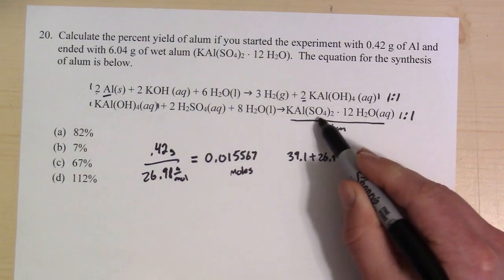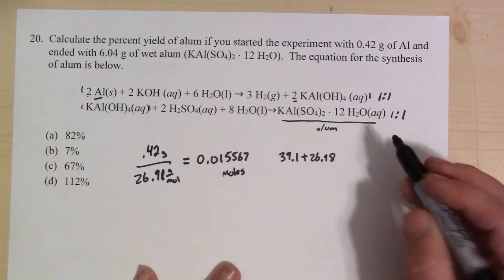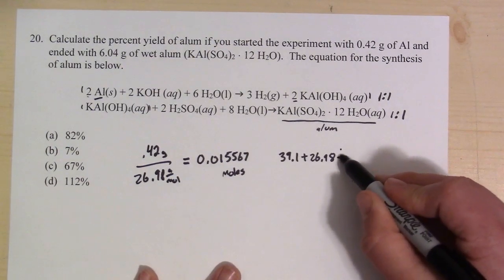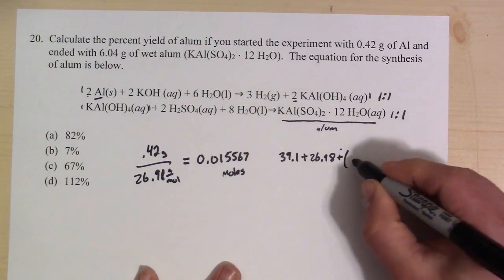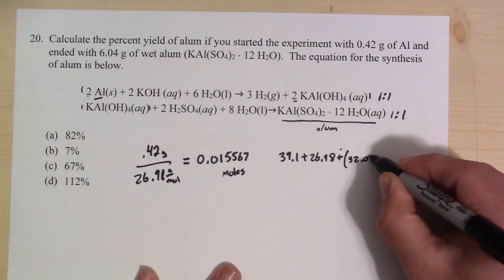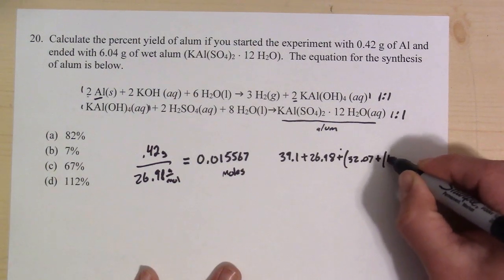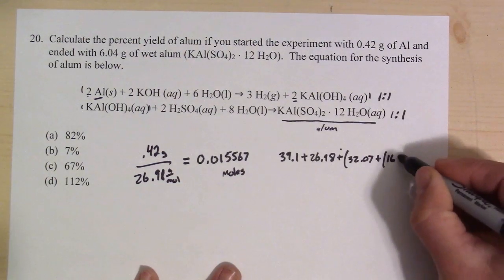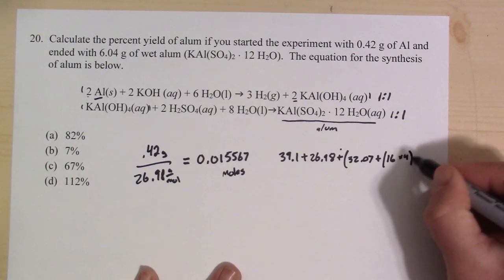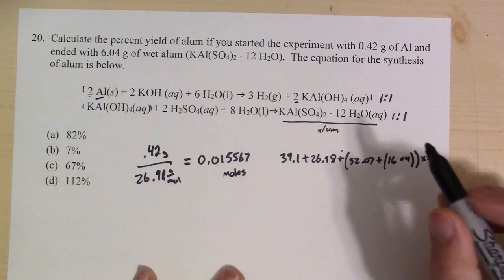Then we have SO4 2, so the whole SO4 unit will be multiplied by 2. So that'll be plus sulfur, which is 32.07, plus 16 for oxygen, times 4, and then that whole thing will be times 2.